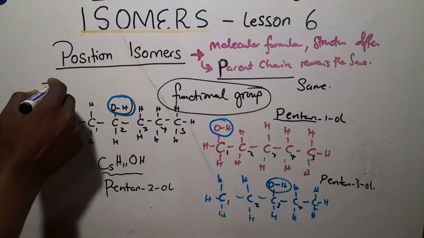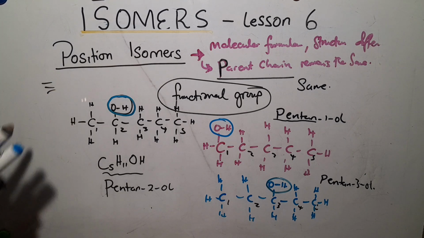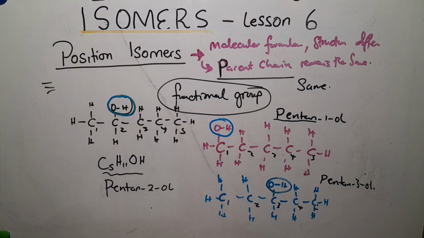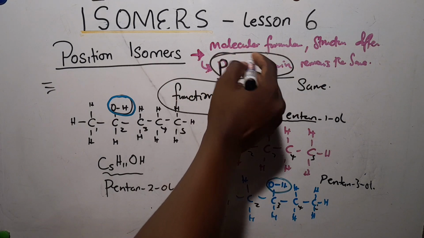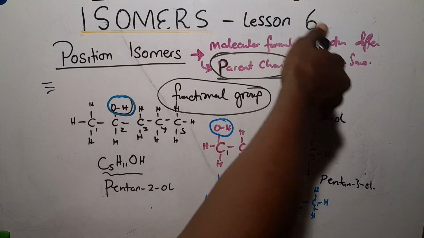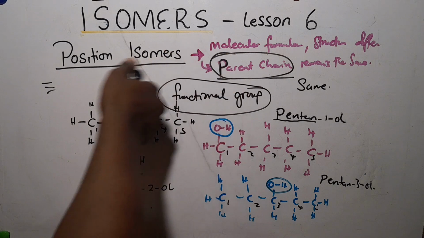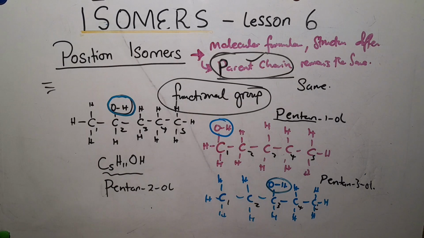Or also the alkynes, that triple bond can move from carbon number 1 to carbon number 3, and so on. But the basic information is that this parent chain is not changing, only the functional group is changing. It is moving around that parent chain.